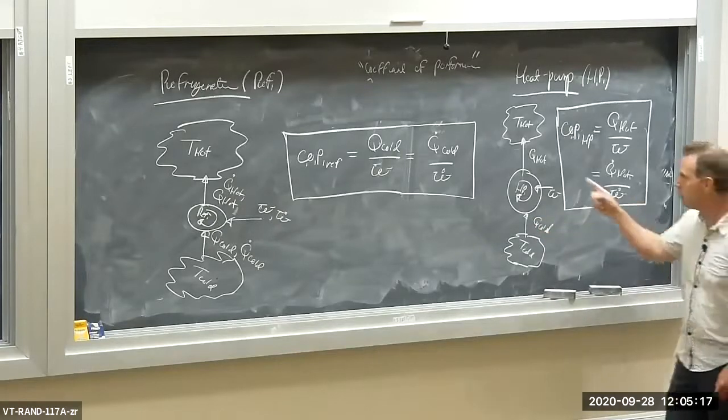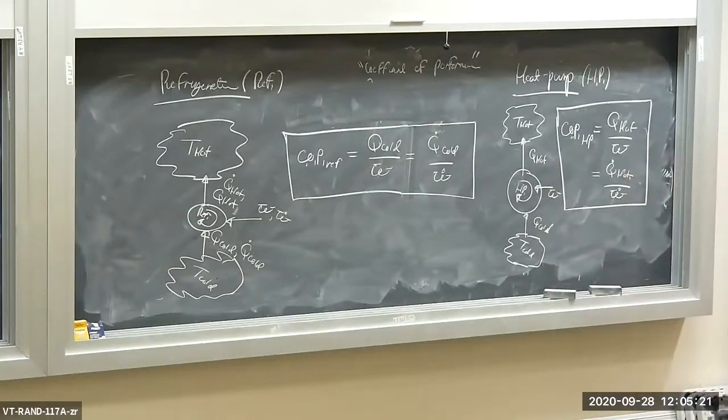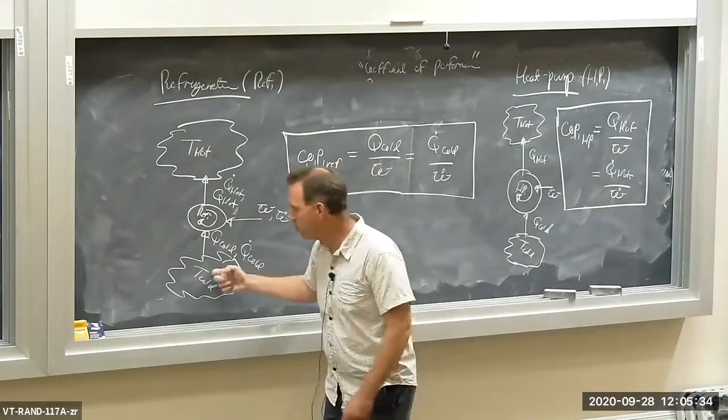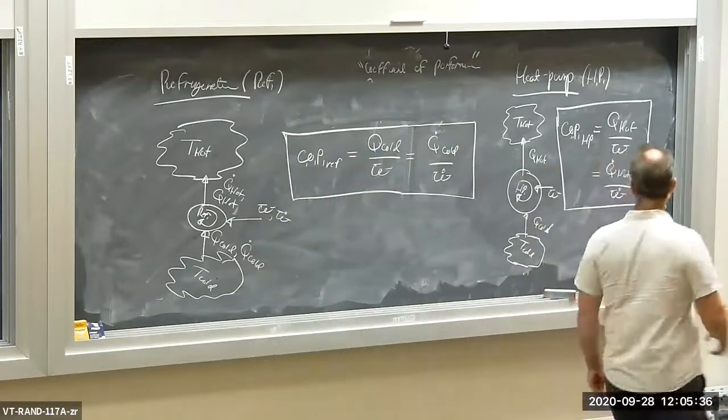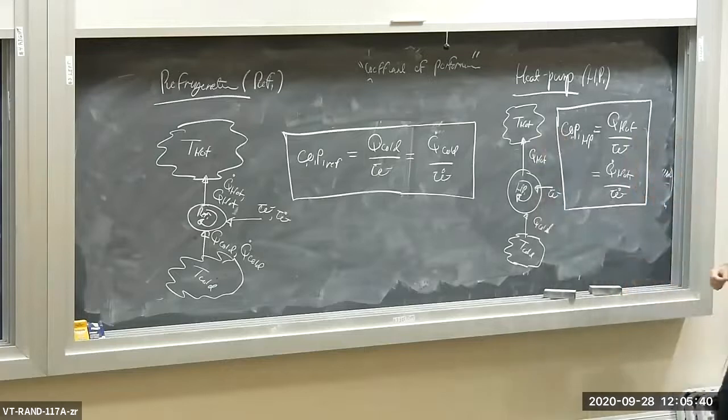What you're really interested in is the heat transfer into your house to keep your house warm. So for the refrigerator and the heat pump, the devices are the same, but the benefits are different. In the case of the refrigerator, the benefit is the heat transfer from the cold place. And for the heat pump, the benefit is the heat transfer to the hot place. Same device, slightly different expressions for coefficients of performance.